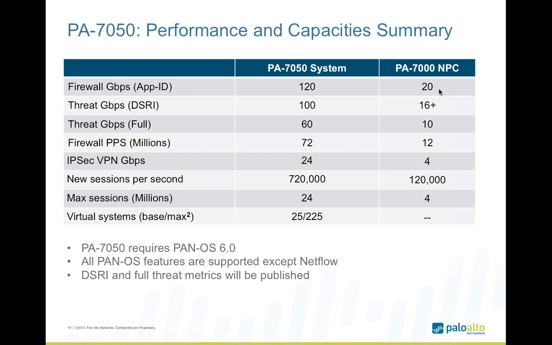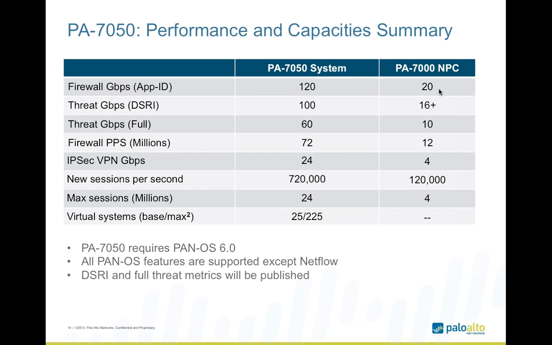In terms of the maximum sessions, we have 24 millions of sessions, so it is really a huge number, as we have shared in this summary slide. Now the good thing about this is you can start with a chassis and you can just put one NPC card, and then you will have the necessary foundation to grow in the future.